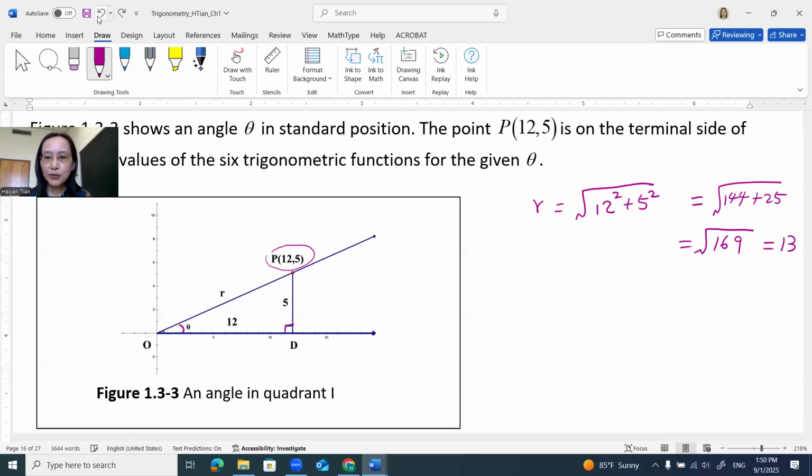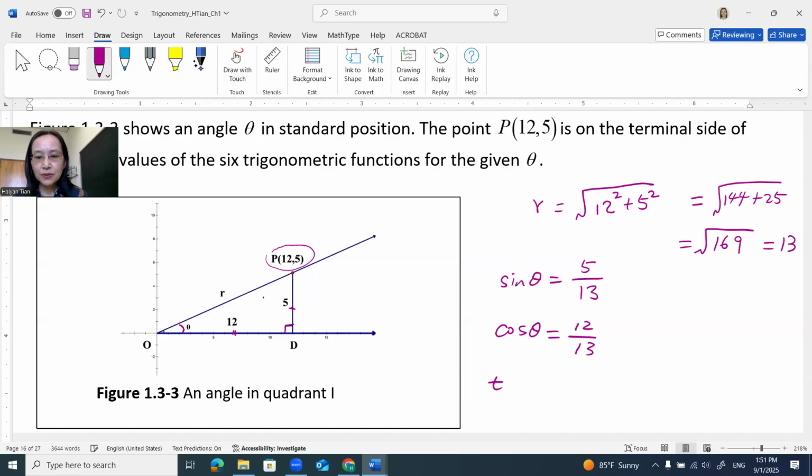Once we have r, we're ready to calculate sine theta. Sine theta is y over r. Y is 5, r is 13. Now cosine theta is x over r. X is 12, over r, which is positive 13.